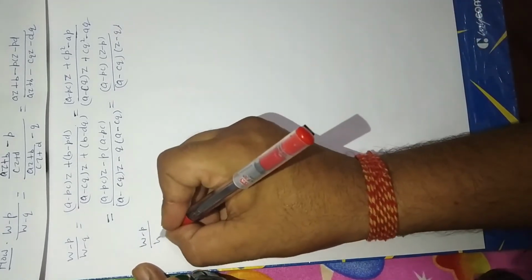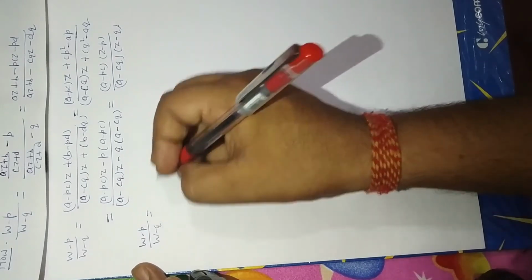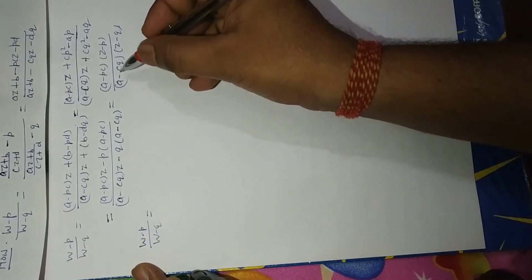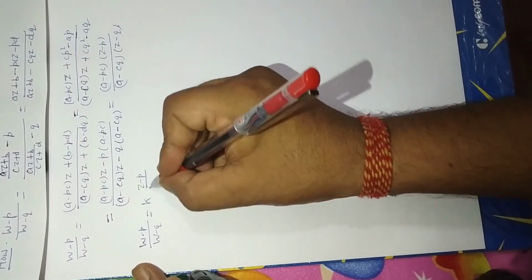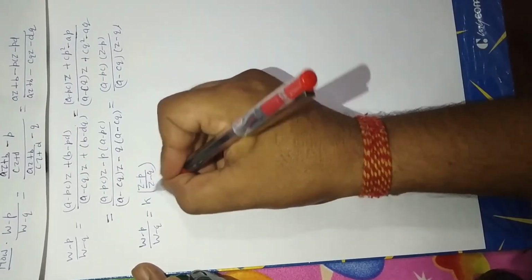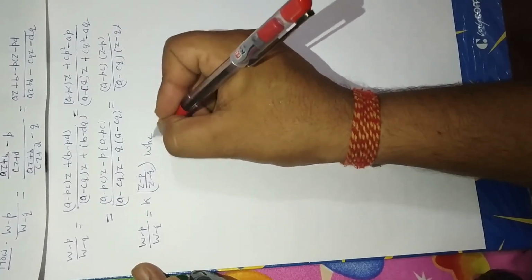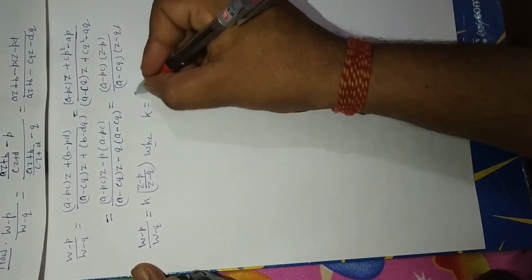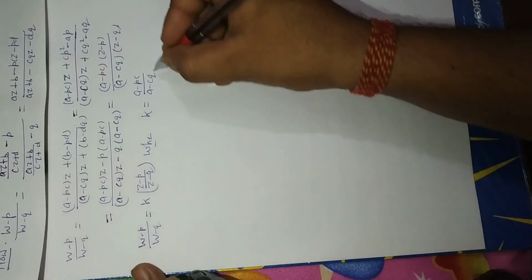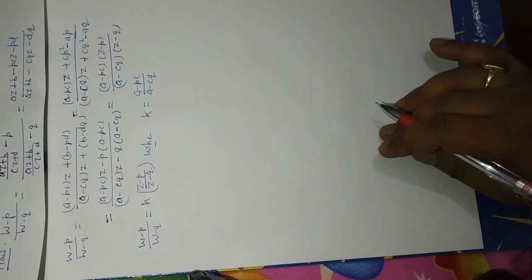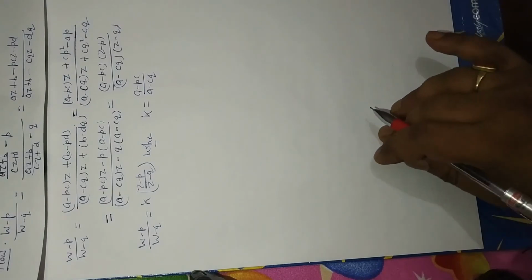Now W minus P upon W minus Q is equal to K (Z minus P) upon (Z minus Q). We have K equal to (A minus PC) upon (A minus CQ). Now this is the first proof.